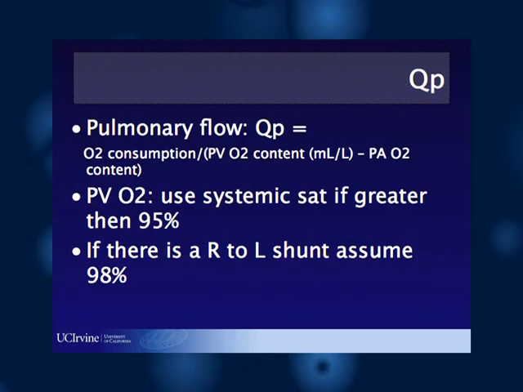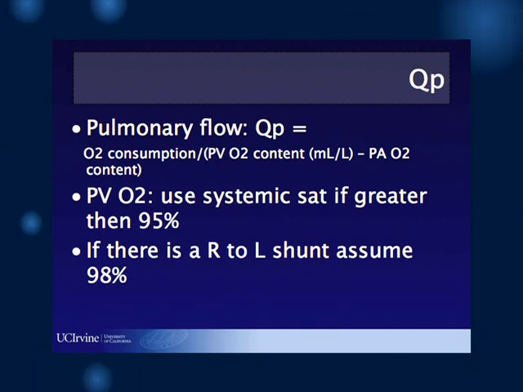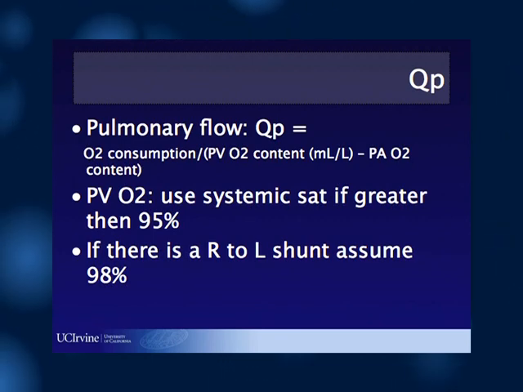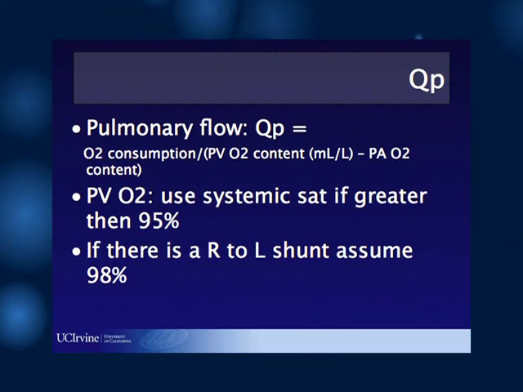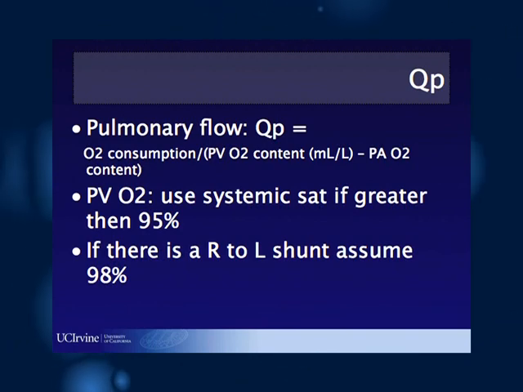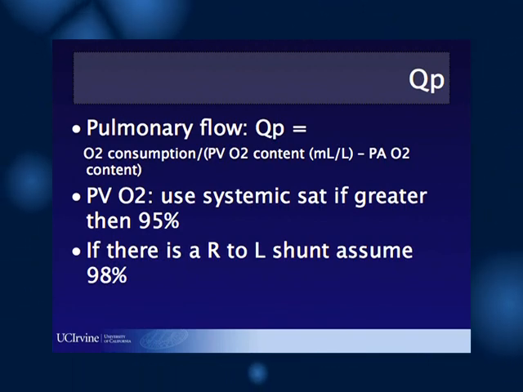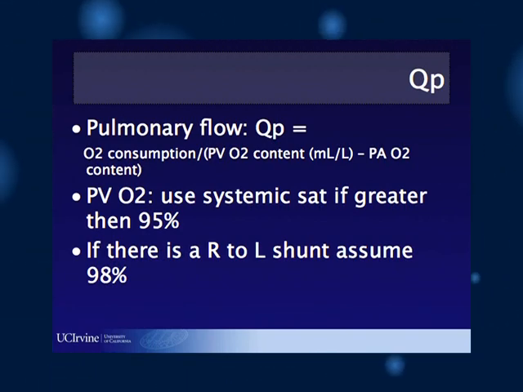The calculation of pulmonary blood flow, QP, is equal to oxygen consumption divided by pulmonary vein oxygen content minus pulmonary artery oxygen content. The pulmonary vein oxygen content will be assumed to be 95%. If there is a right to left shunt, then we will use a pulmonary vein oxygen saturation of 98%.